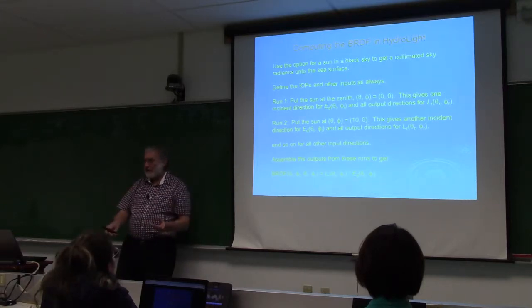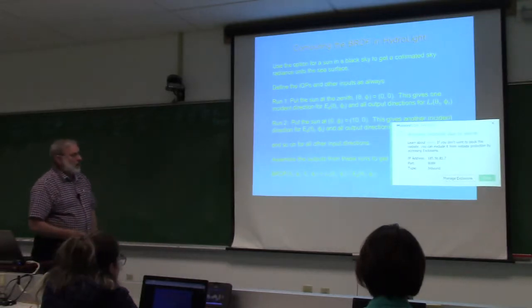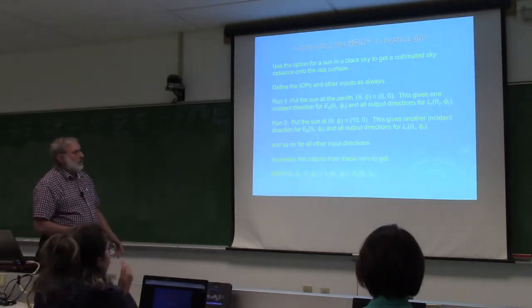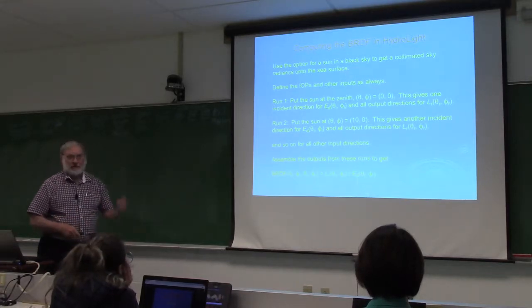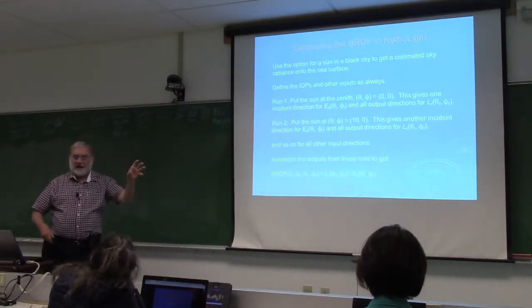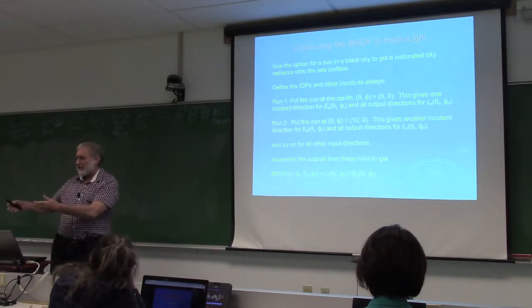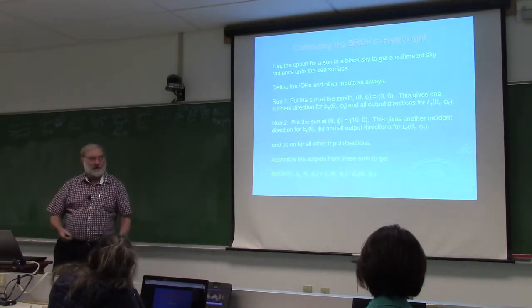You get reflectance in all directions, and then you take all of that information, well, you now have all incident directions and all reflected directions, and screw all the pieces together, and you then get the BRDF of the ocean. So that's how that's done in Hydrolight. And I have a special version of Hydrolight that simply loops over all sun angles in a black sky and writes out a big file that's then the BRDF of the ocean for that wind speed, those IOPs, etc.